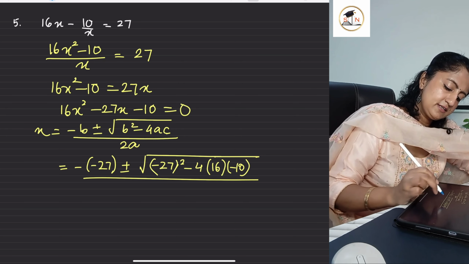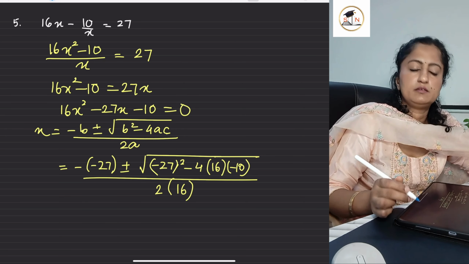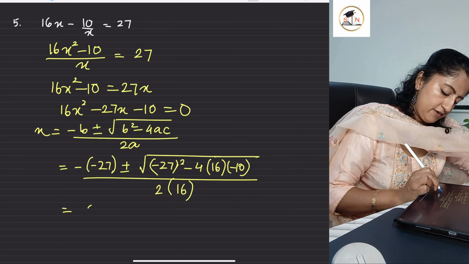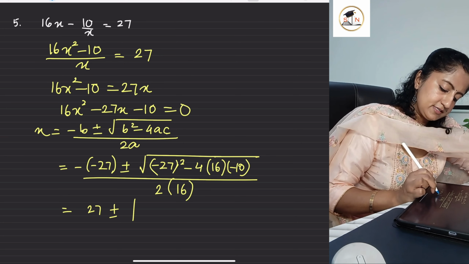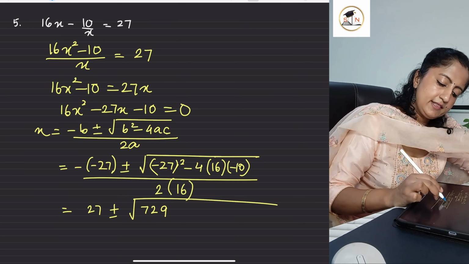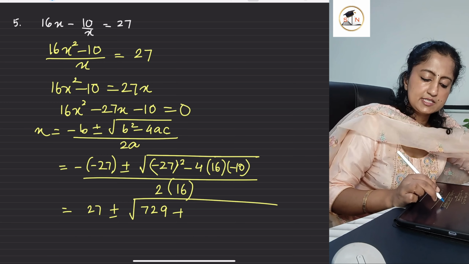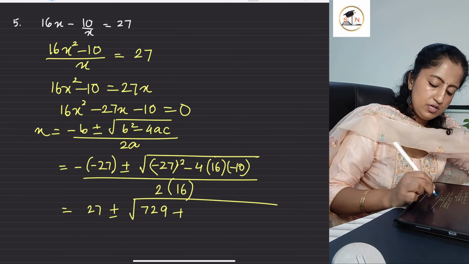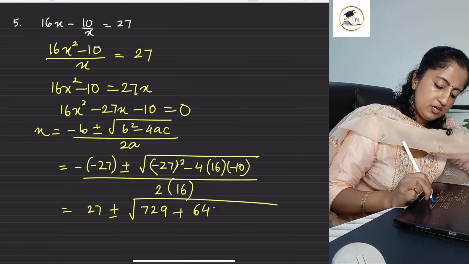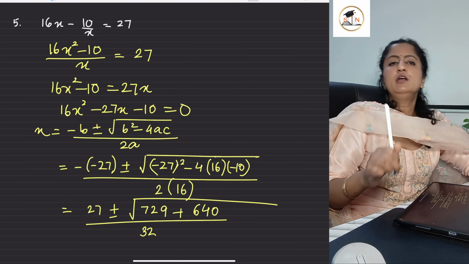C is minus 10, twice of 16 in the denominator. We have 27 plus minus. Now, what is 27 squared? It is 729. And what we get on the right? We get plus 4 times 16, that is 64, times 10. So we get 640 over here divided by 32.